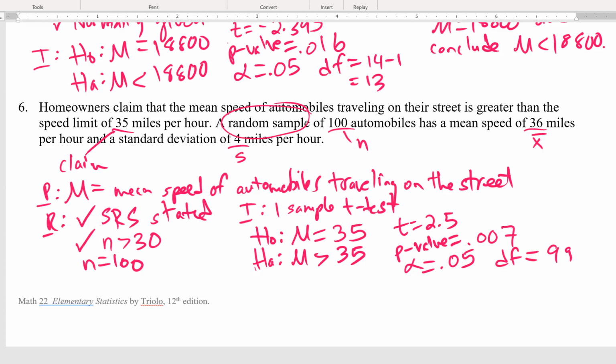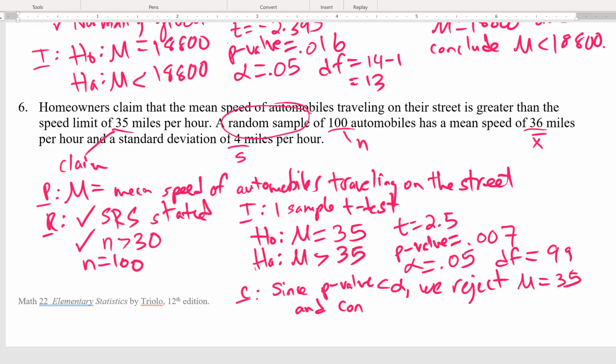Based on this, we can conclude, since the p-value is less than alpha, we will reject the claim that mu equals 35 and conclude the alternative that it's greater than 35.